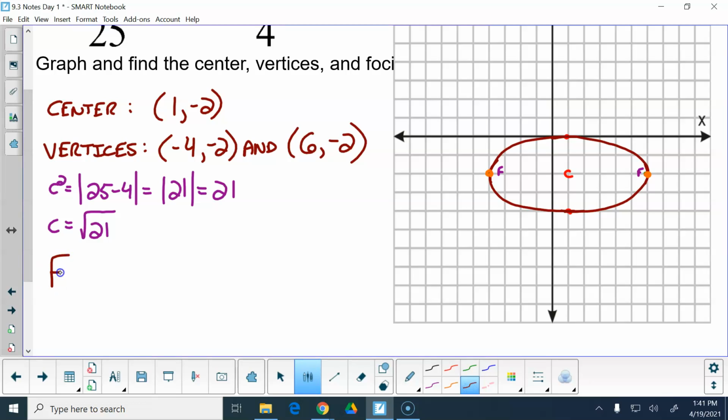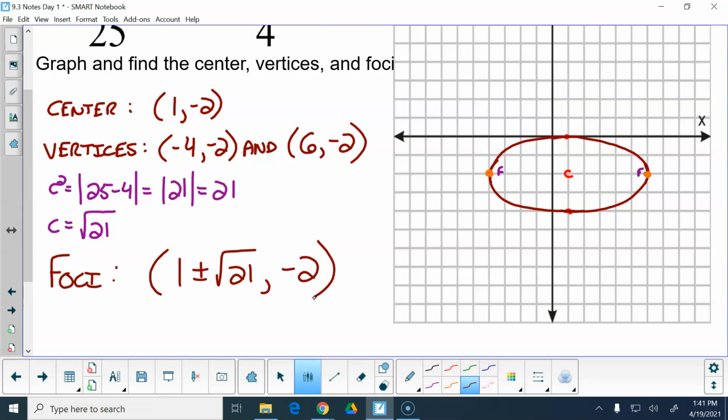So my foci would be at 1 plus or minus the square root of 21, comma, negative 2. And that is the 6 things that I need in order to graph my ellipse.